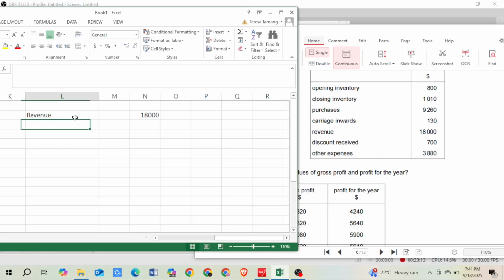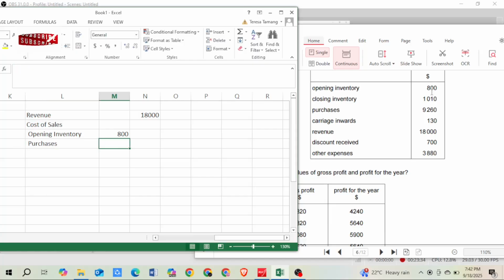Okay, then we have the cost of sales, and cost of sales is opening inventory. Opening inventory amount is given 800. Then we'll write down purchases. So purchases amount is given 9,260. And then we'll write down carriage inward.